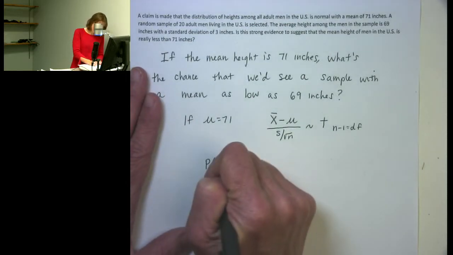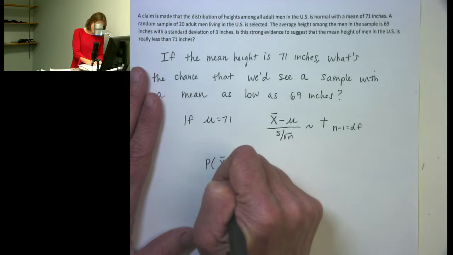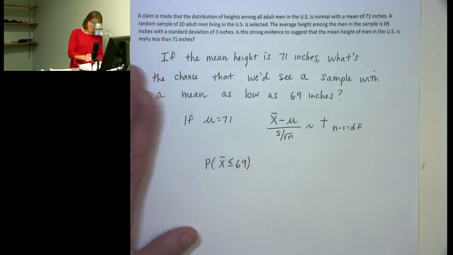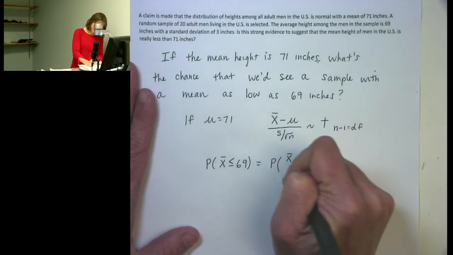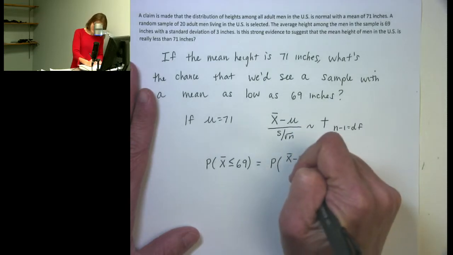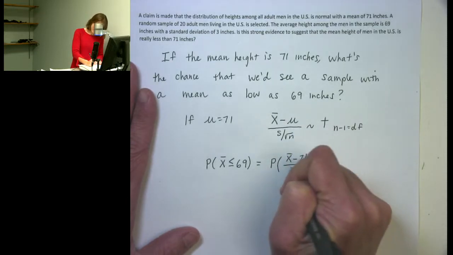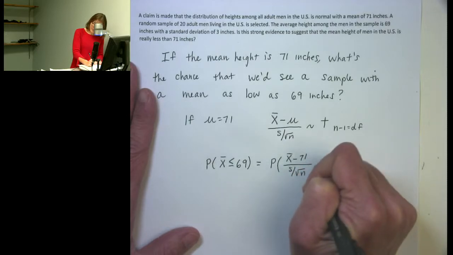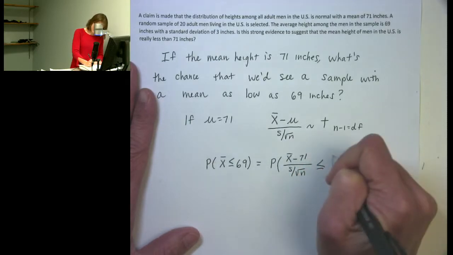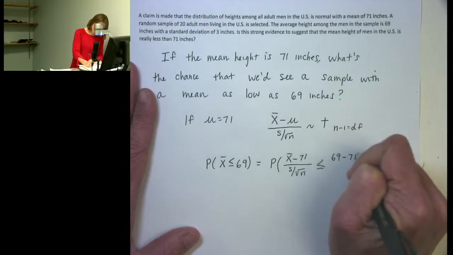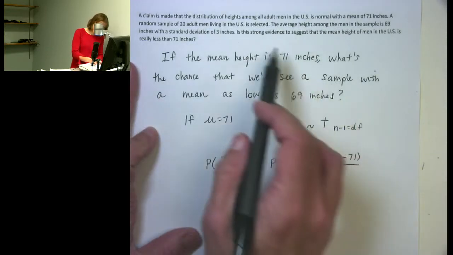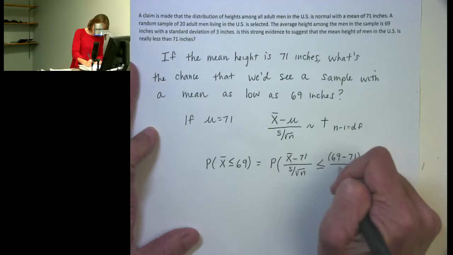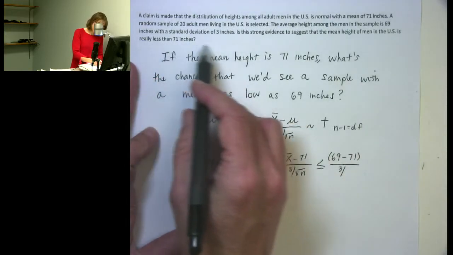And so in this situation, the probability that the sample mean would be less than or equal to 69 inches is the probability that the sample mean minus 71 over S over the square root of n is less than or equal to 69 minus 71 divided by S, which is our sample standard deviation, 3 inches, and our sample size was 20.